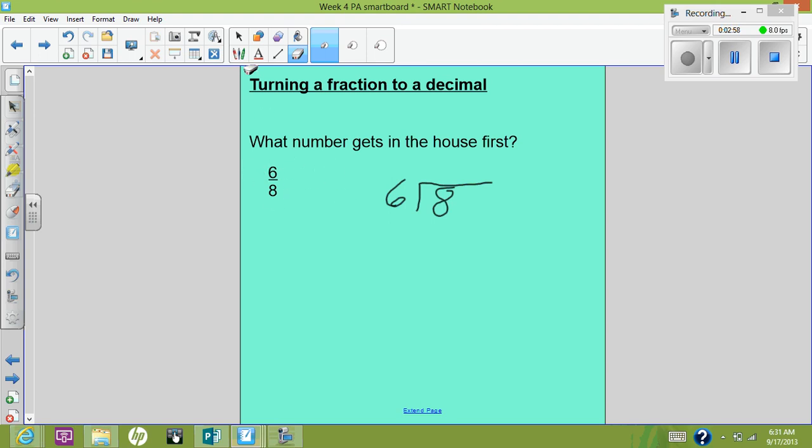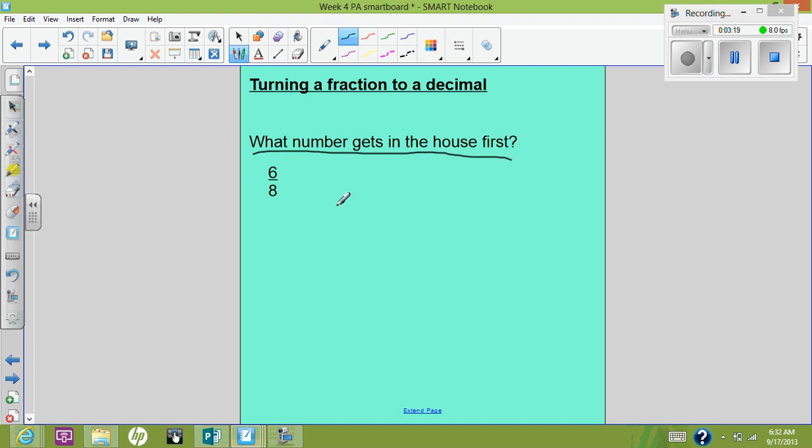So back to what I was saying earlier. A lot of students put the numbers in the wrong place. They'll put 8 inside what I call the house because they say that's the biggest number, that's where my bigger number goes. But that is not always true, and it is especially not true when you're dealing with fractions. I like to think of this, what number gets in the house first. If I'm looking at this fraction, I'm going to think like these numbers, 6 and 8, are racing to get into this house.